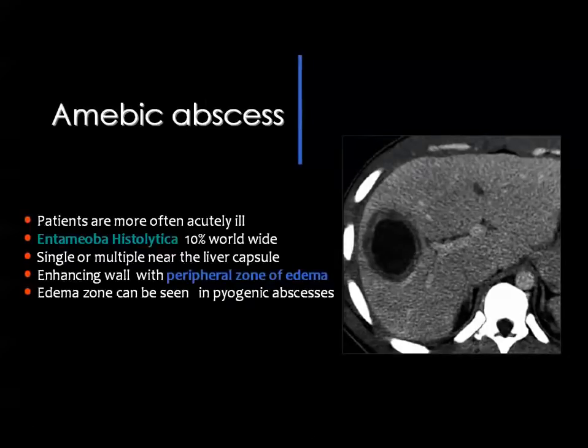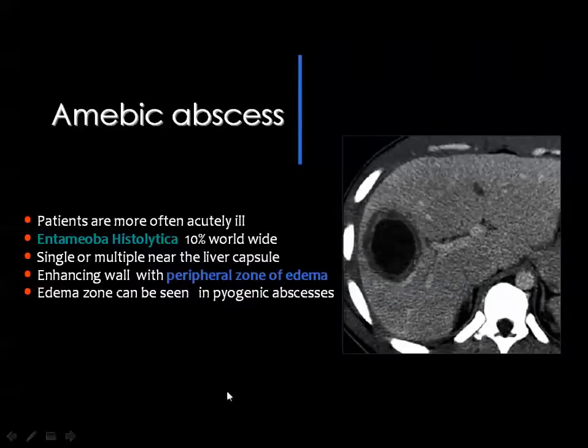Then sometimes the literature says that in order to discriminate between pyogenic and amoebic abscess, you should look for the halo of edema around the abscess, and this will support the diagnosis of amoebic abscess.